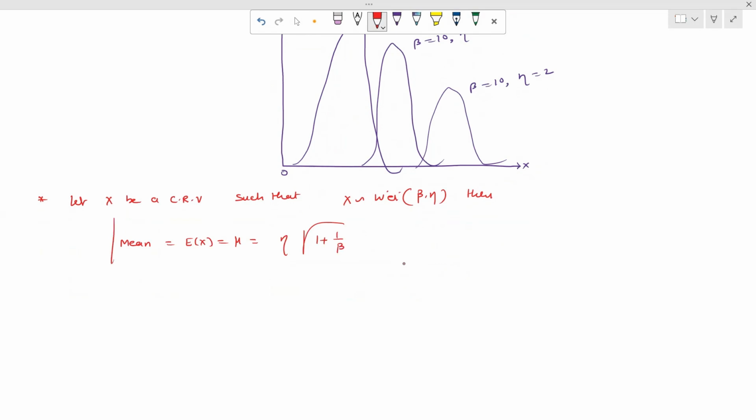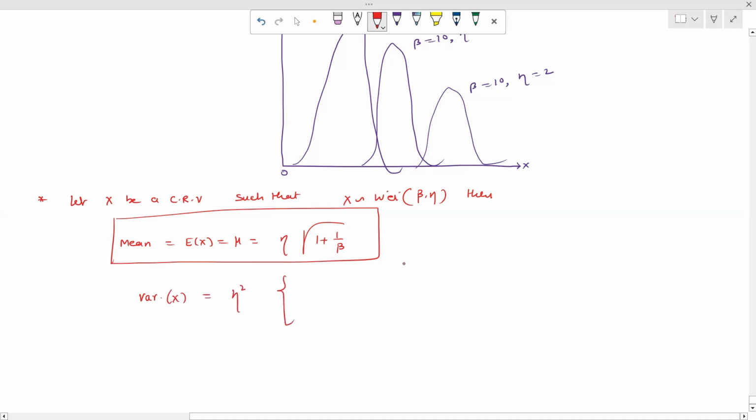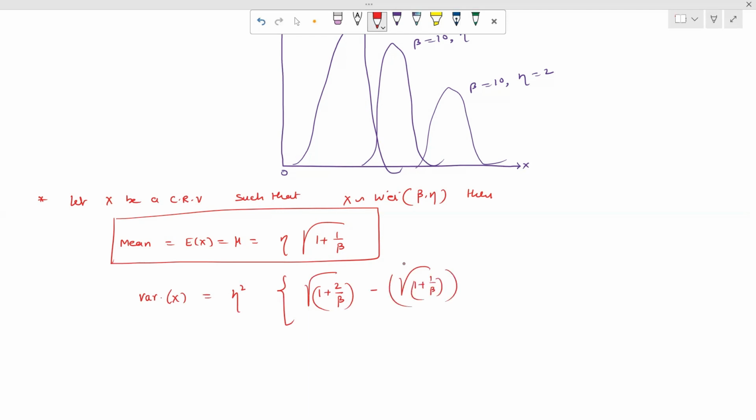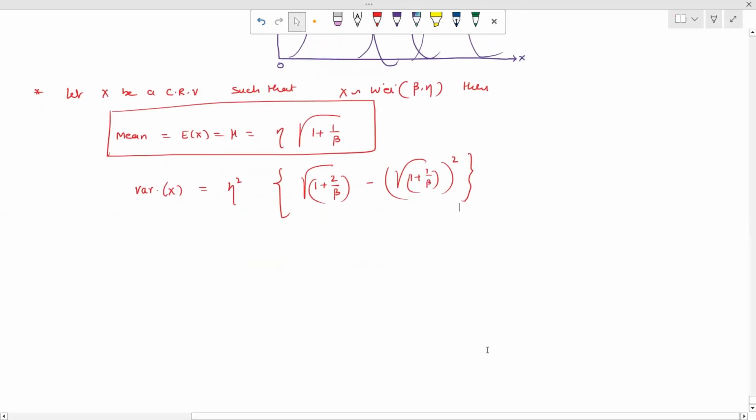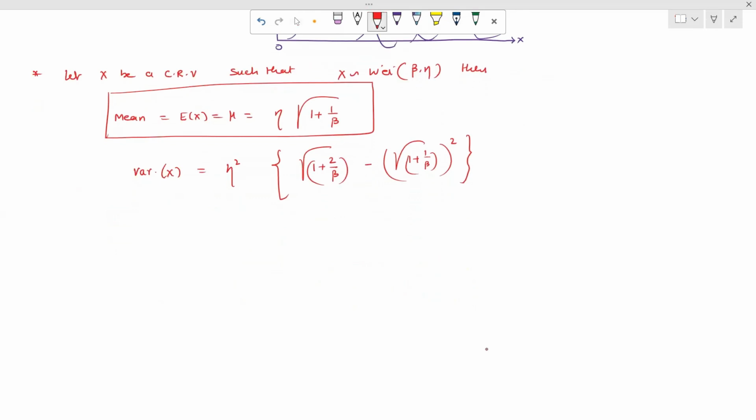And the variance of this distribution is eta square into [gamma of (1 plus 2 upon beta) minus (gamma of (1 plus 1 upon beta)) whole square]. So this is the mean and variance of the Weibull distribution.